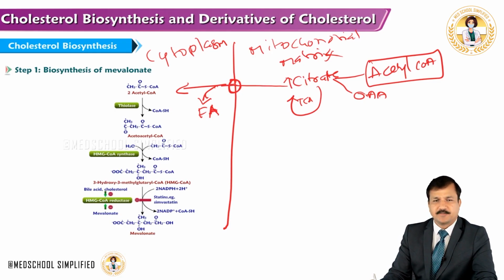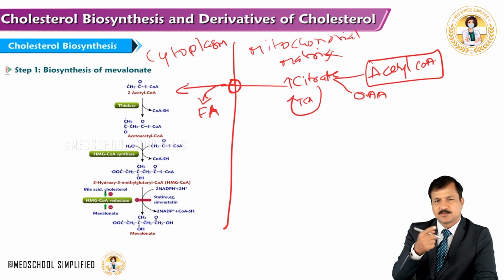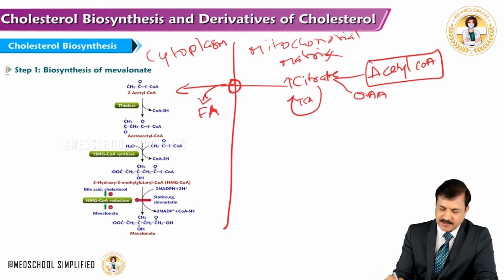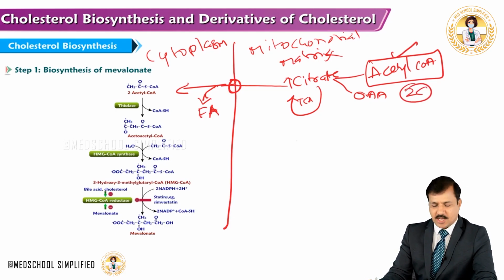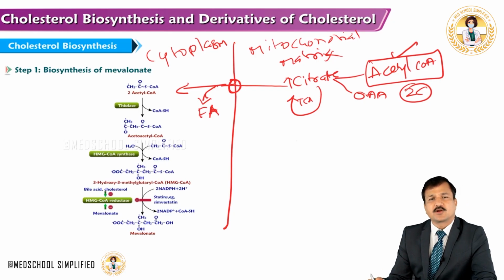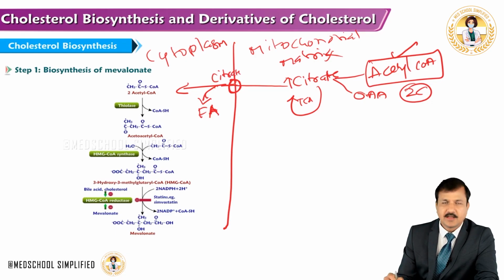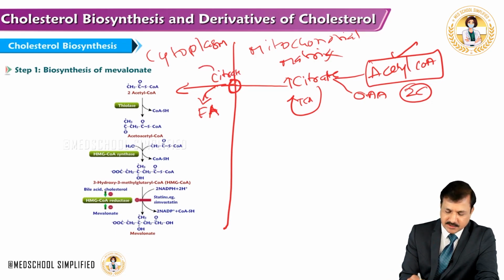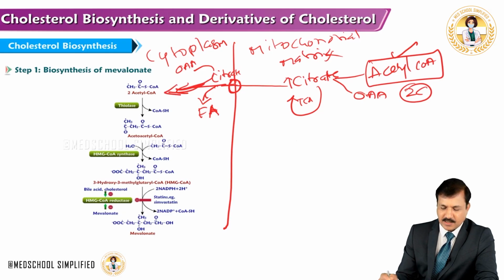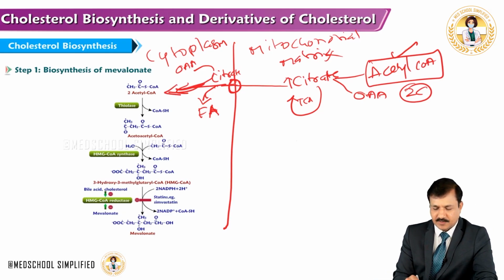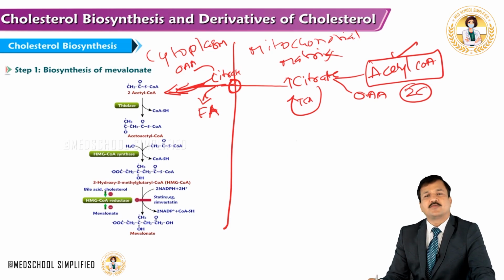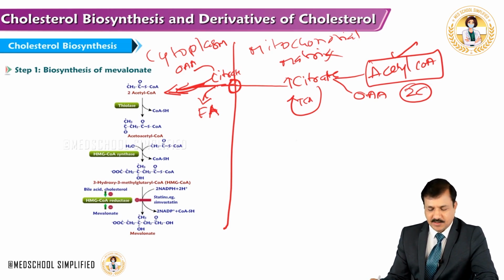tricarboxylic acid transporter. And the tricarboxylic acid transporter brings the acetyl-CoA carbons, the 2 carbons present in acetyl-CoA, out of the mitochondrial matrix into the cytoplasm. So citrate comes into the cytoplasm here, and in the cytoplasm citrate breaks open into oxaloacetate and acetyl-CoA, and that's how citrate is bringing carbons out of the mitochondrial matrix into the cytoplasm.